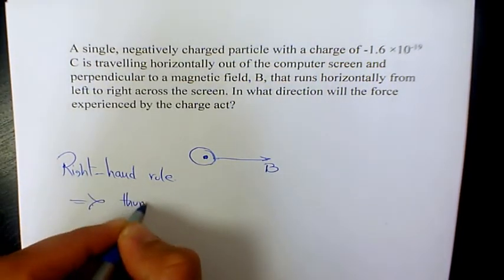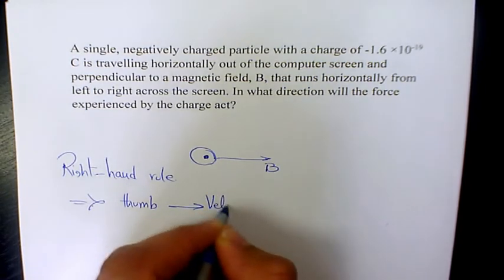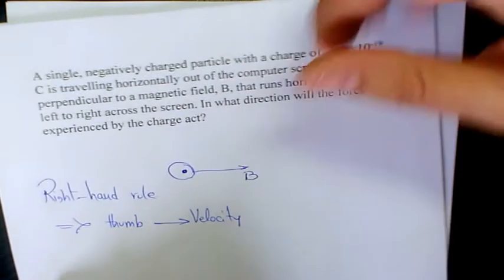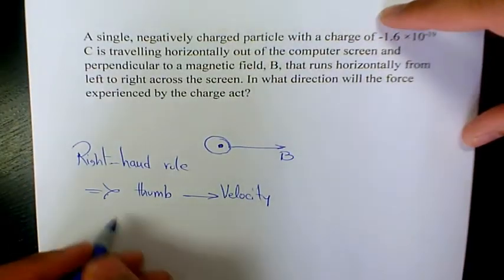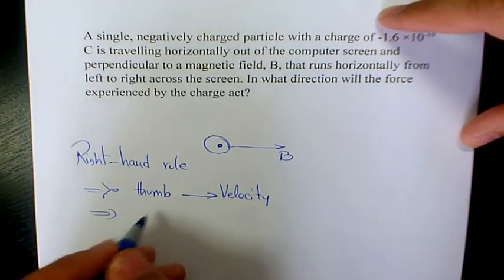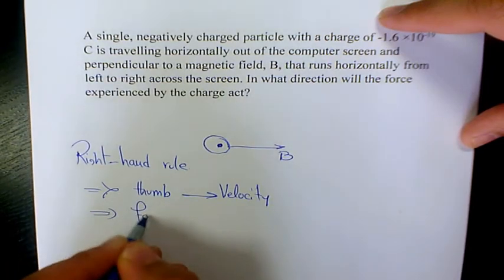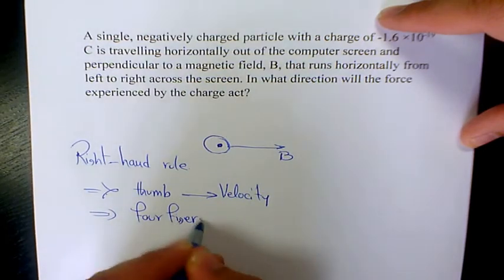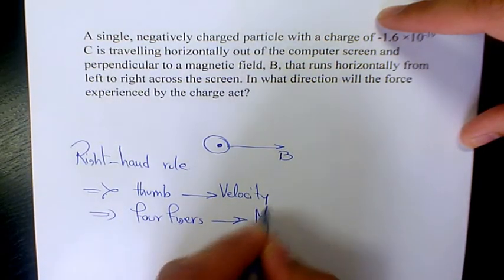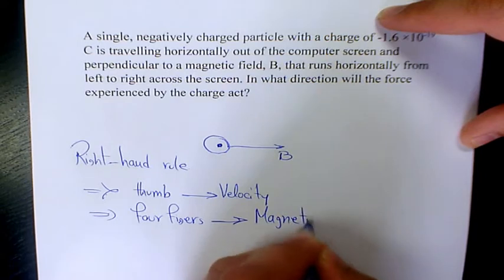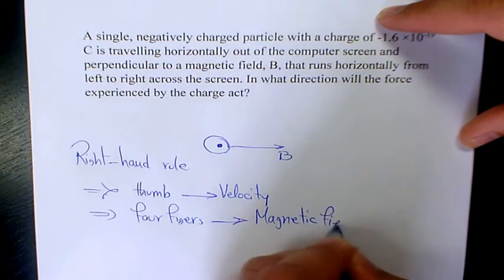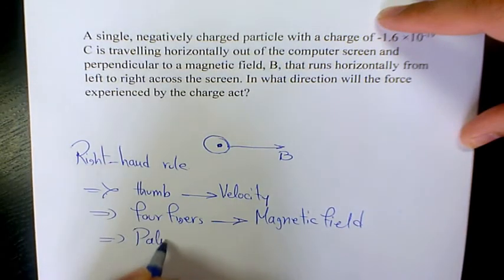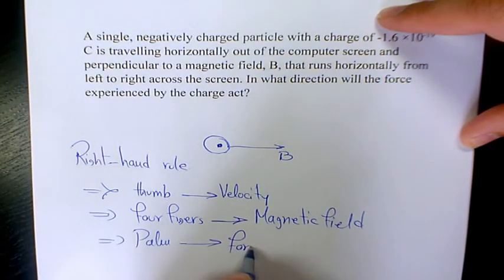Thumb is going to go toward velocity direction, which will be like that. B, 4 fingers, is going to go toward magnetic field direction, and then palm shows the force.